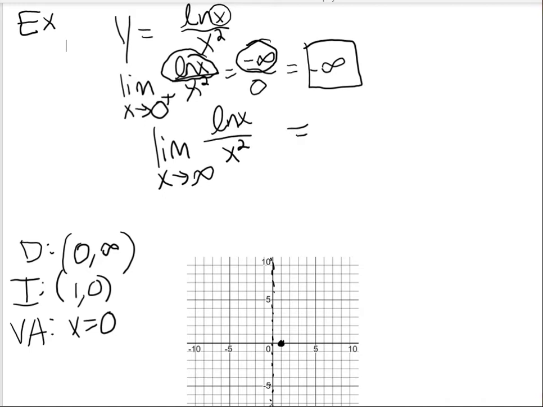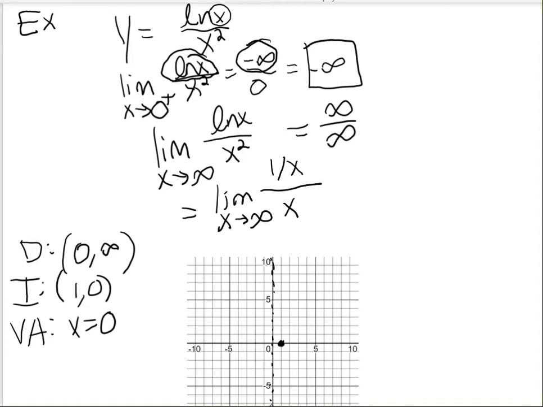This is going to give us the indeterminate form, infinity over infinity. So by L'Hopital's rule, and that's why we learned it last section, you can take the derivative of the top, derivative of the bottom, and divide them. So simplified, this will be 1 over x times 1 over 2x, which is 1 over 2x squared, which as x goes to infinity goes to 0.